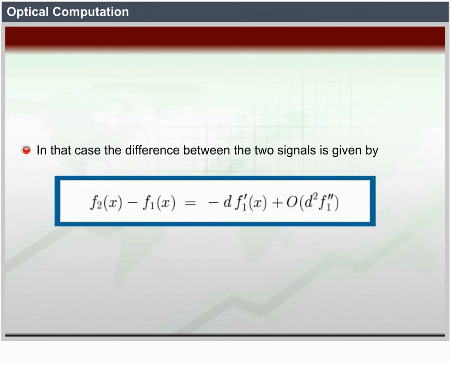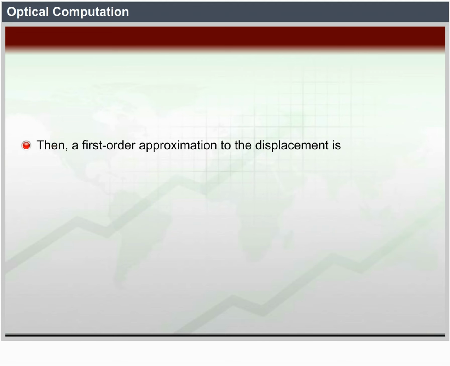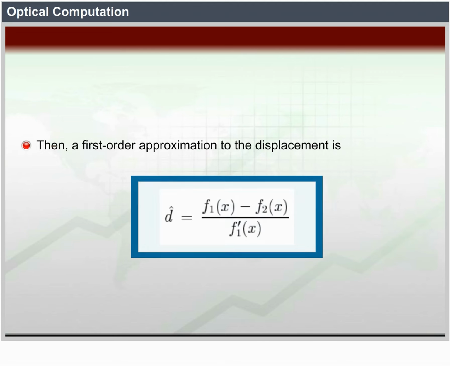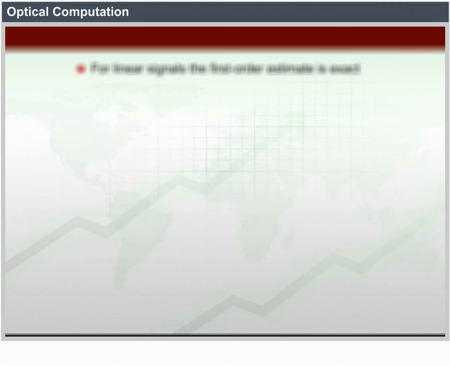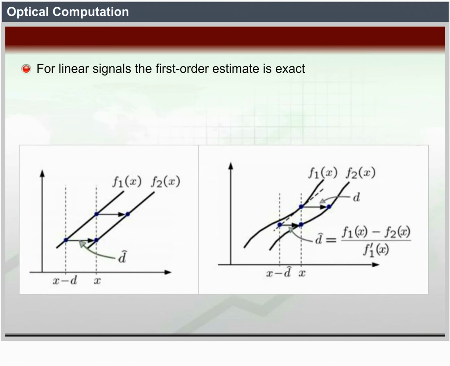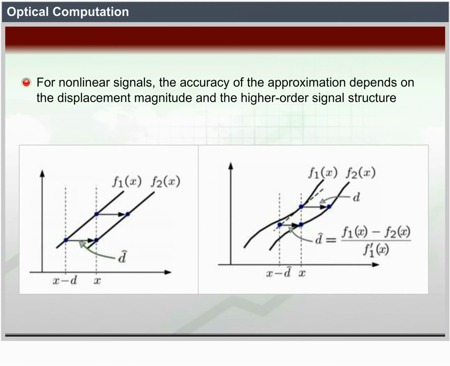Then a first-order approximation to the displacement is as shown. For linear signals, the first-order estimate is exact. For nonlinear signals, the accuracy of the approximation depends on the displacement magnitude and the higher-order signal structure.